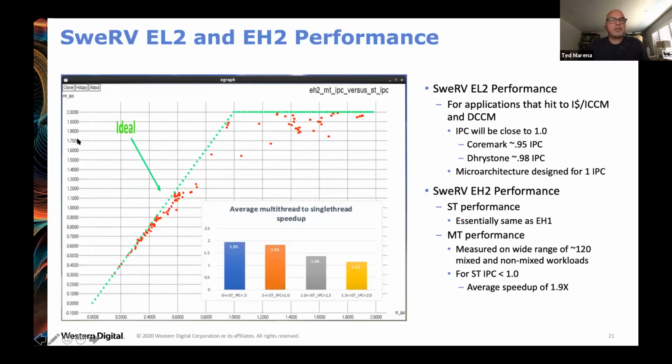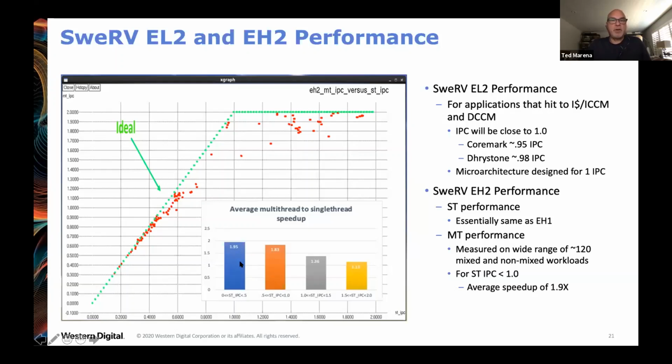That's what this axis is about. And over here is the single-threaded performance. What you find is that if you're running at 0.2 instructions per clock cycle, you should be at 0.4. You should be double that when you're doing dual threaded.